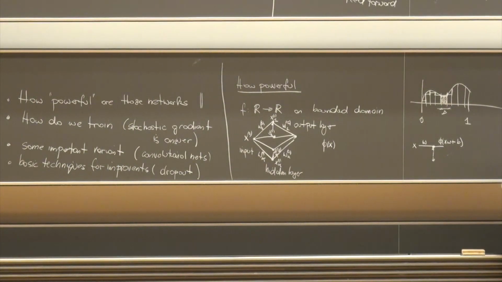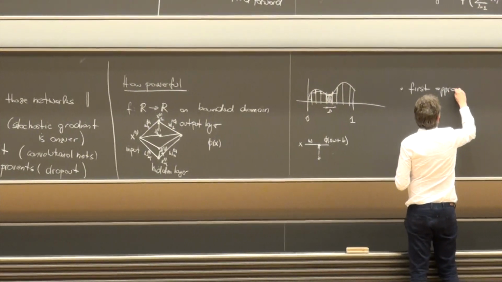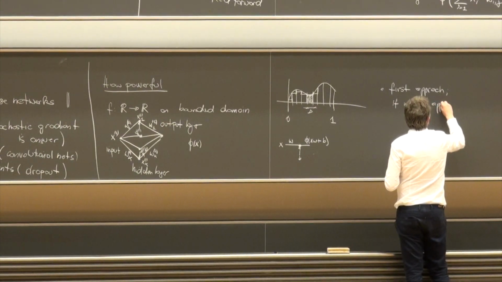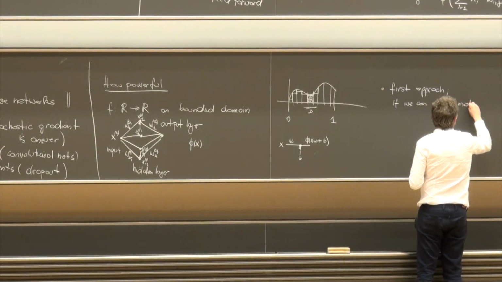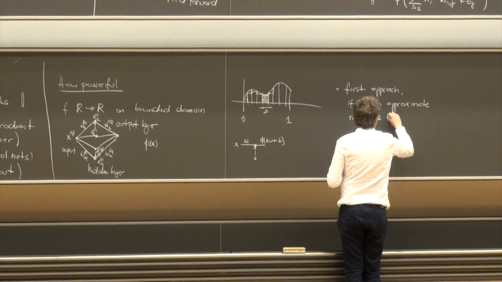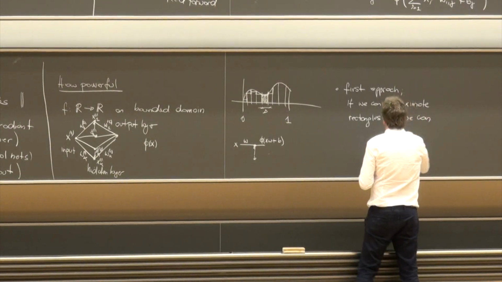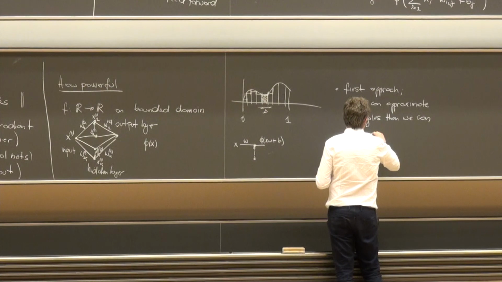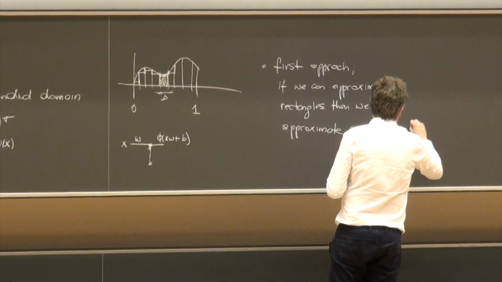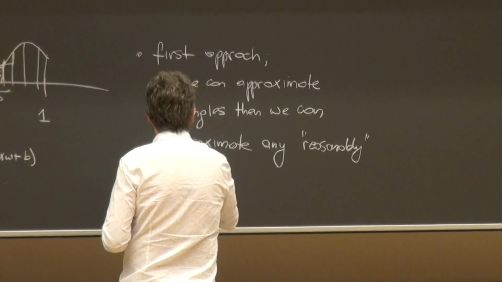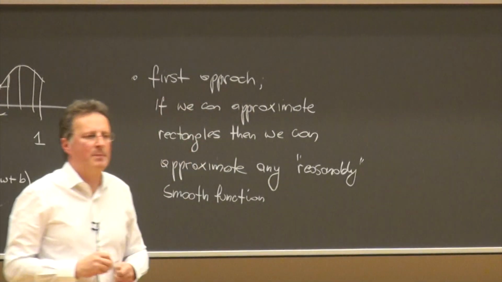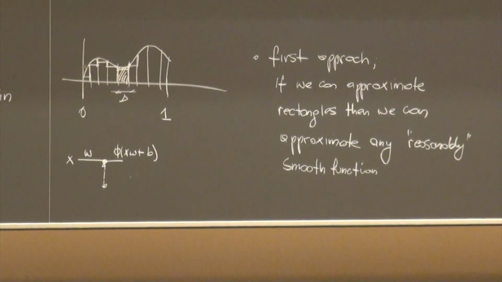So, first approach: if we can approximate, it doesn't have to be exactly a rectangle, but if we can approximate to any degree we want rectangles, then we can approximate any reasonably smooth function, and we'll get what this means, smooth function, because any reasonably smooth function can be written as a sum of rectangles.